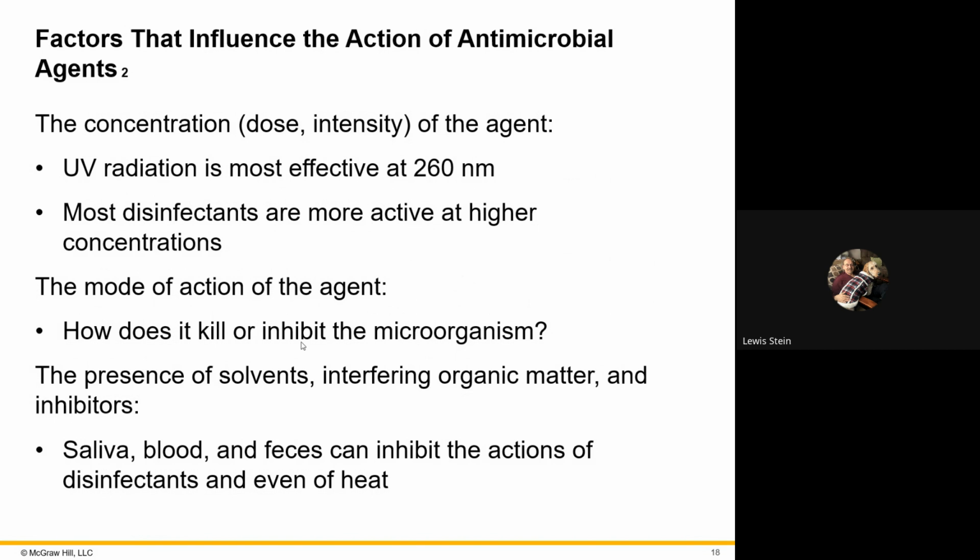Did it do the membrane? Do the ribosomes? The big problem for me is this: organic matter, saliva, blood, poo-poo can inhibit the actions of disinfectants. So if you don't know what's contaminating it, clean it off. That's what you're going to do, or you're going to tell people to do. You're going to show them how to do that. You will.